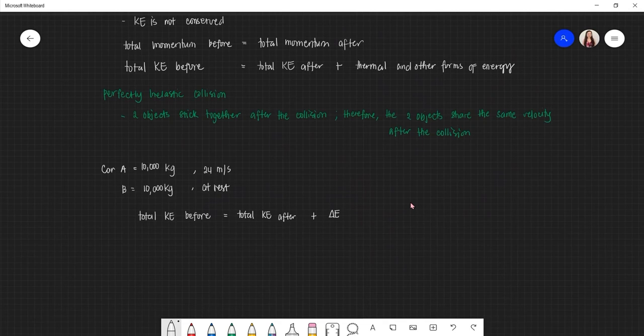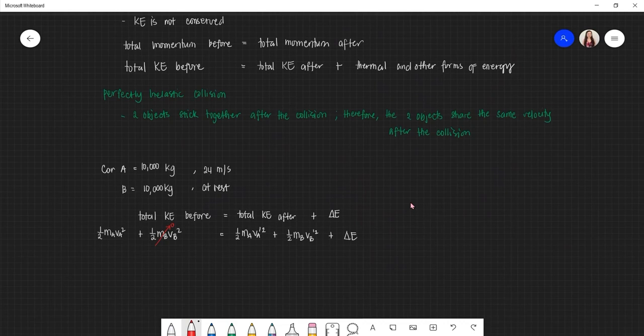So before the collision, we have 1/2 ma VA squared plus 1/2 mb VB squared equals 1/2 ma VA prime squared plus 1/2 mb VB prime squared plus delta E. And this is 0 for B because particle B was at rest.